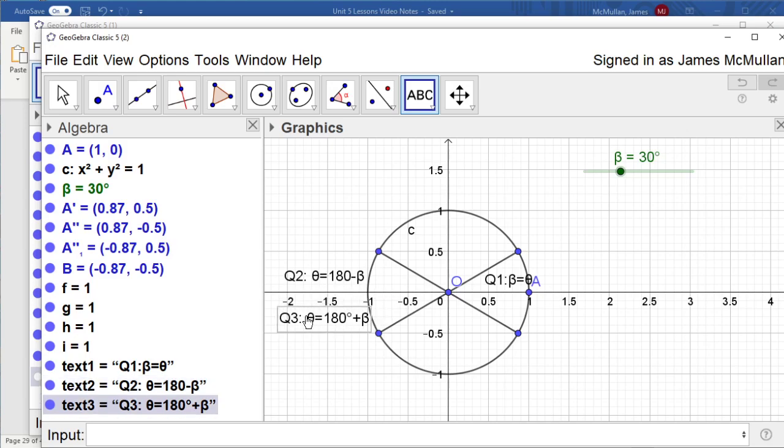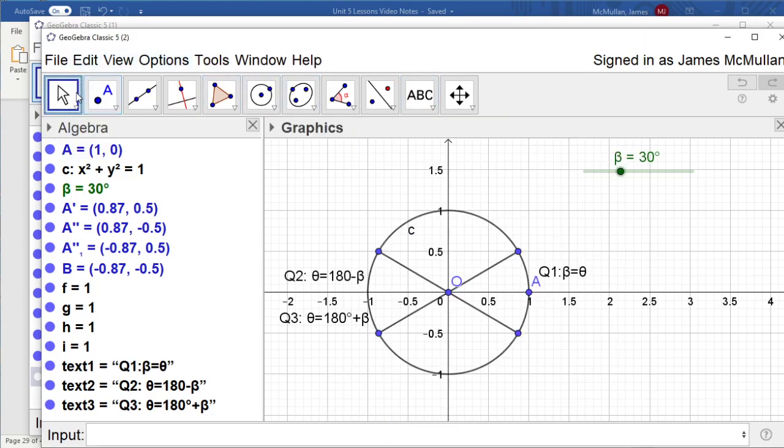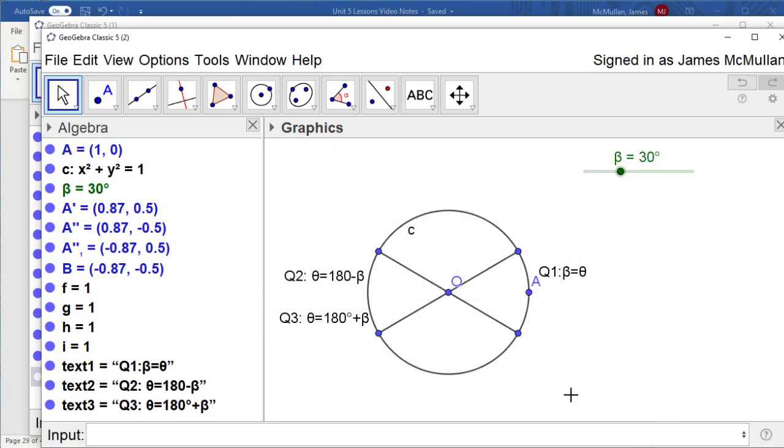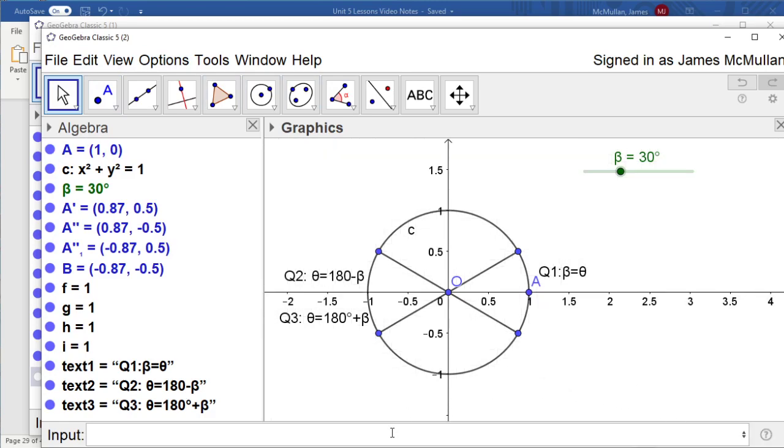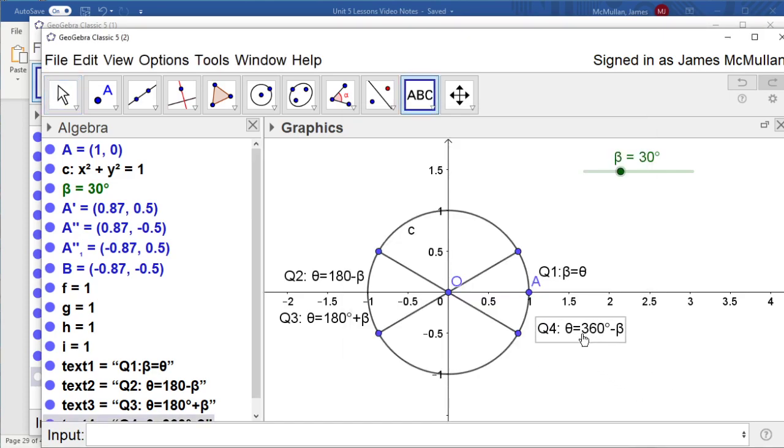Let's get rid of the axis in the grid here first. Sorry, we need the axis. And finally, in quadrant 4, theta is equal to 360 minus beta.